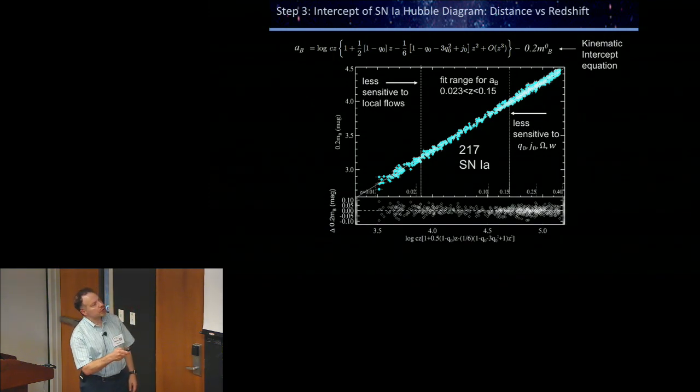And you don't want to go too high in redshift, or you have to start bringing in cosmology. You have to start bringing in changes in the expansion rate due to omega, dark energy, and it's cleaner if you could deliver just a measurement that depends on the Hubble constant. So we generally use this sort of range as the sweet spot for doing this and determine what the intercept is.